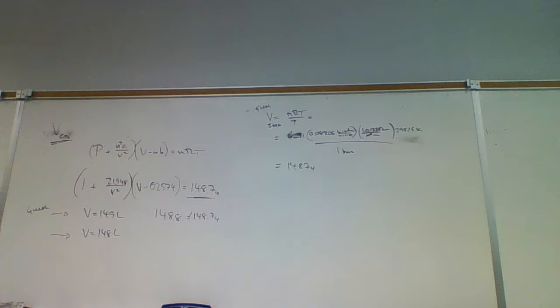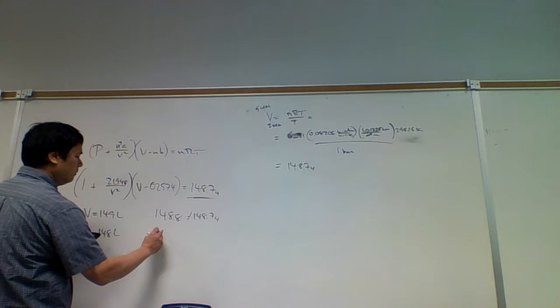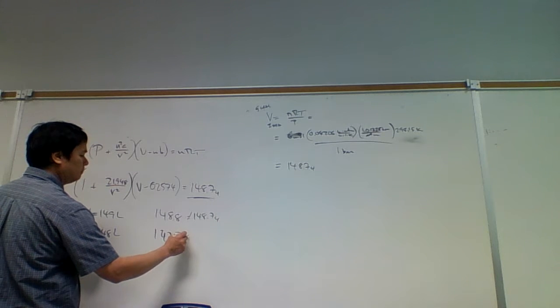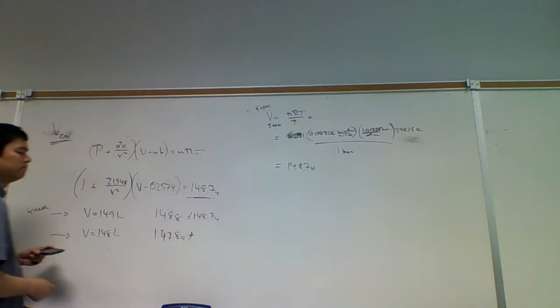And so let's try that now. So I get 21.948 divided by 148 squared, because I don't know how it changes, plus 1, times 148 minus 0.2574. And I get 147.89, which is not equal.